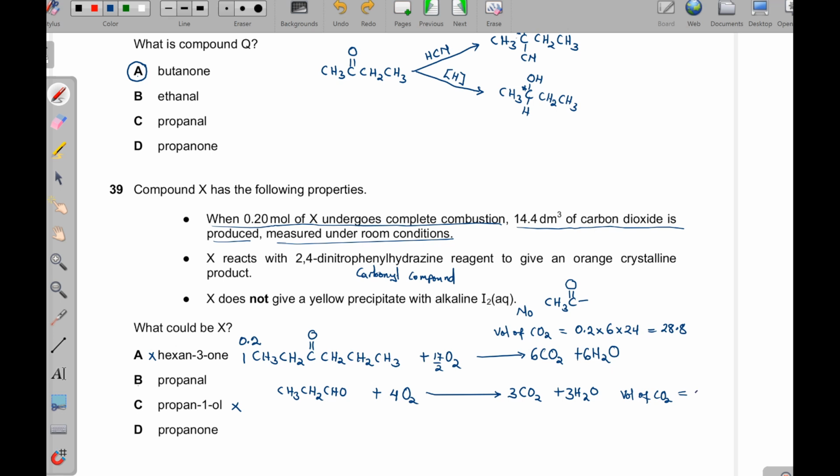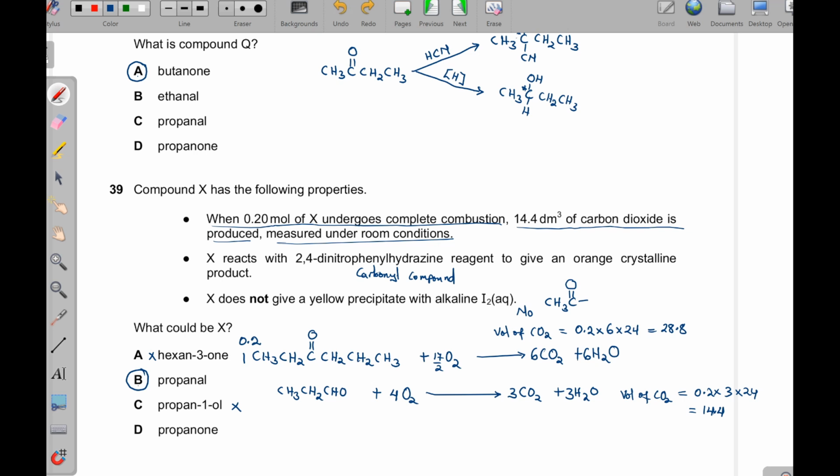But we can say 0.2 times the 3 moles we have gotten for carbon dioxide, times the 24. The 3 is a half of the 6, so just multiply by a half. You get the answer as 14.4. And this is actually the answer because we have gotten what we are looking for.